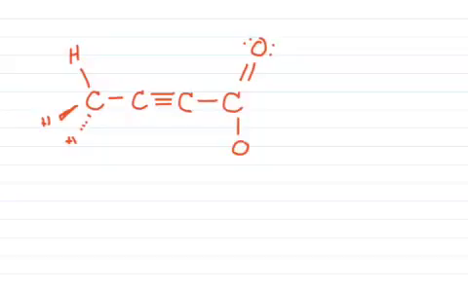Now if we remember, this oxygen right here is tetrahedral, so that means its lone pairs are going to be wedges, and we have a line that goes this way.